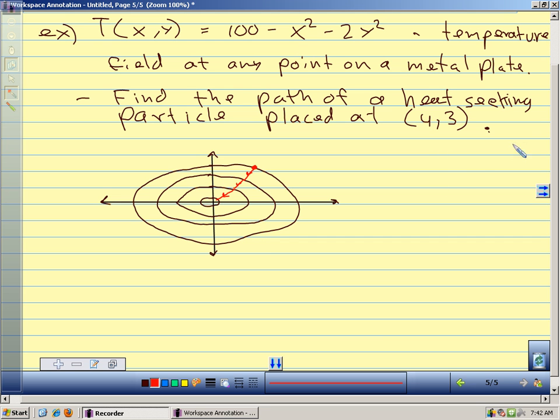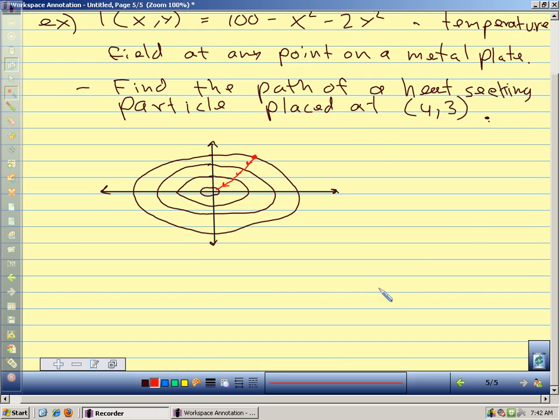So does anybody have an idea of how we want to start with this? The gradient is a normal vector, and the gradient also points in what direction? The maximum rate of increase of temperature, or the maximum rate of change of the temperature. So our gradient is going to be the tool that we're going to use here.